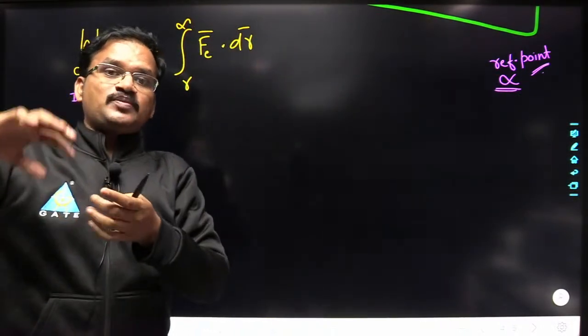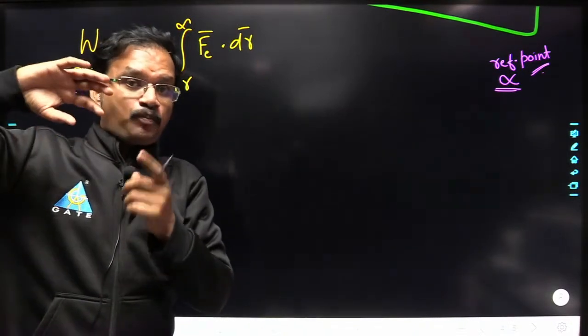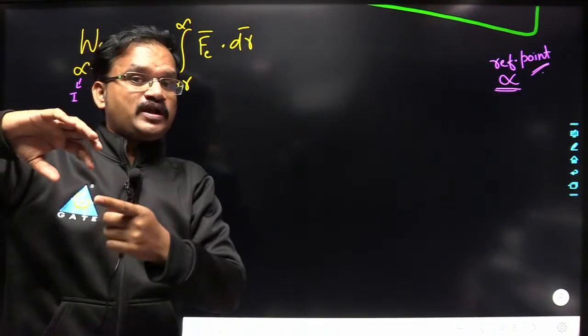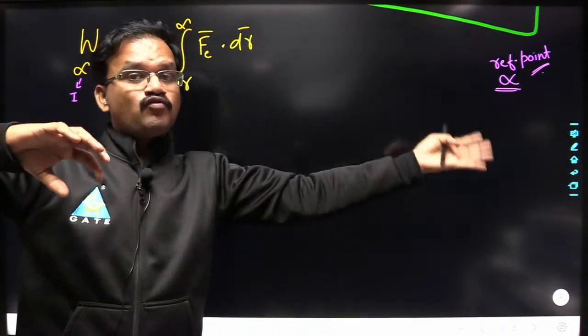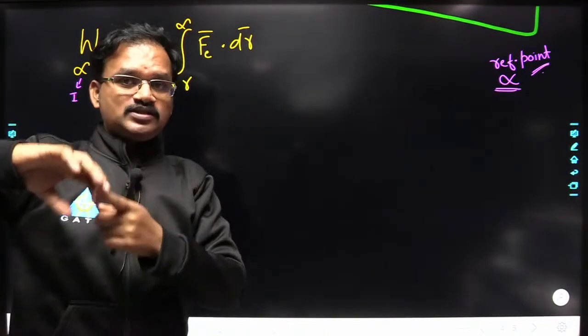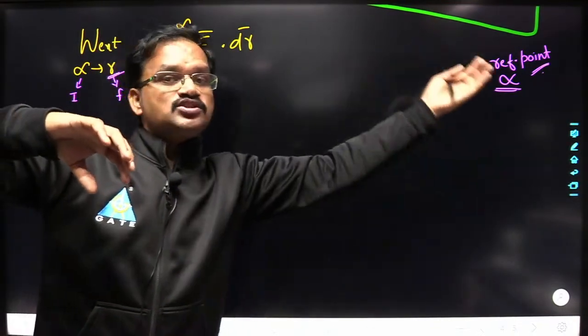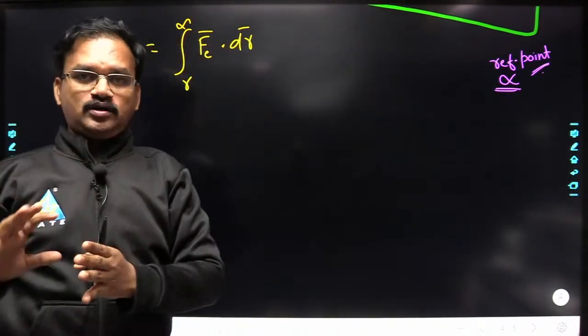So the potential energy at a point is not defined on its own. The potential energy is always defined with respect to some reference point. What is the potential energy at a point means what is the potential energy you have gained at this point in moving the charge from infinity to that point.